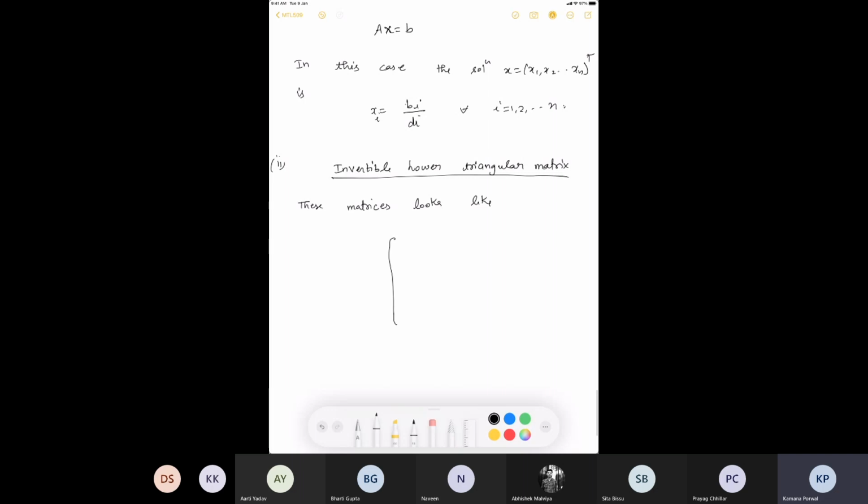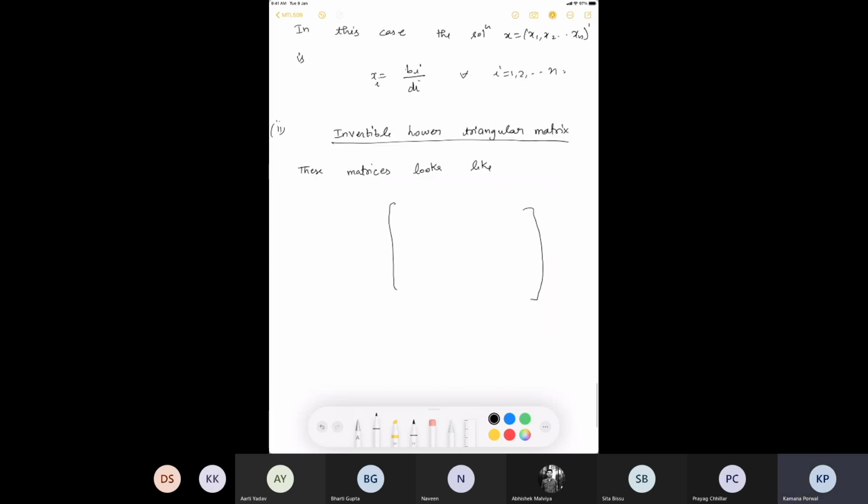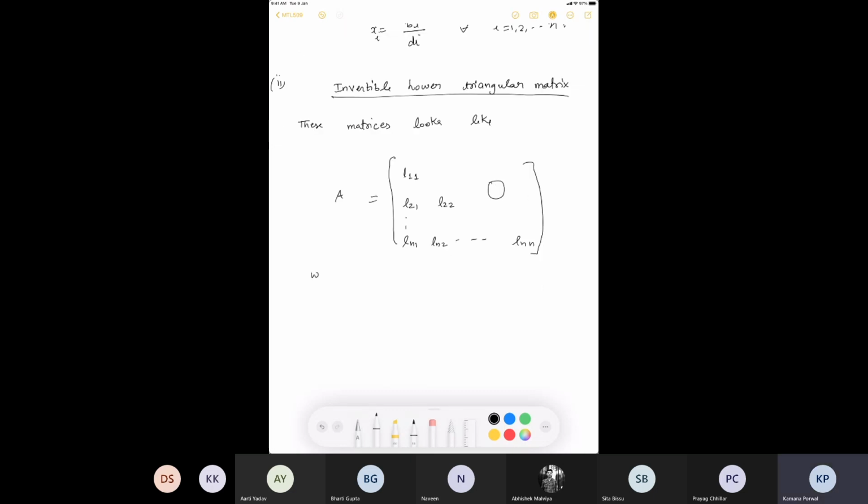So the entries above the main diagonal are going to be 0. And let's call the diagonal entries Lii. And again, since I'm having the invertibility of this matrix, I have to assume that Lii are not equal to 0.